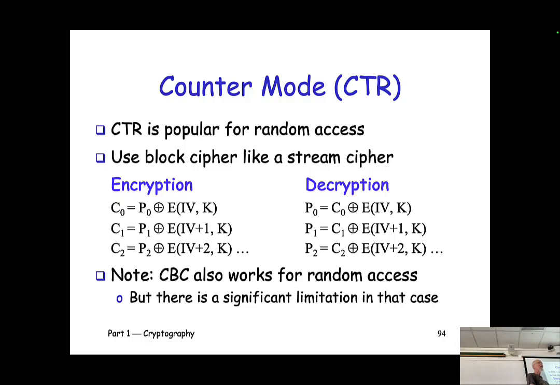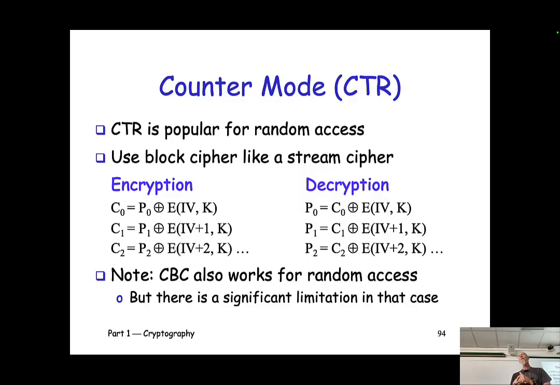Because all I need to know is the IV, the key, and which block I'm looking at. Then I just do this encrypt and XOR it with that particular ciphertext block, and I get back that plaintext block. So it's very good for jumping around different locations in the file. I don't need to decrypt the entire file. I just decrypt this specific block or blocks that I'm interested in.